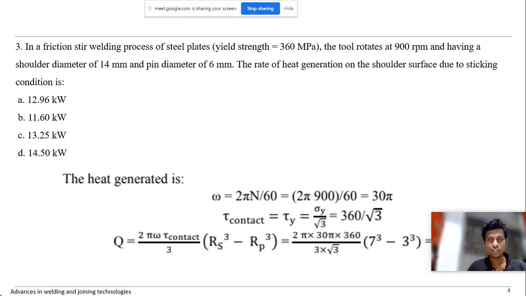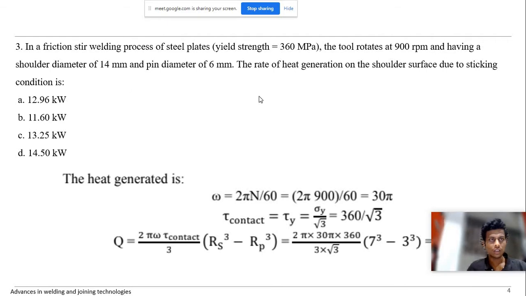Since sticking is given here, it is sigma y by root 3. And we know that omega is 2 pi N by 60. N is given as the rpm, so we need to convert it into SI units. So we divide by 60 to get it into seconds, to convert into RPS. 2 pi N by 60, so it is in SI units.